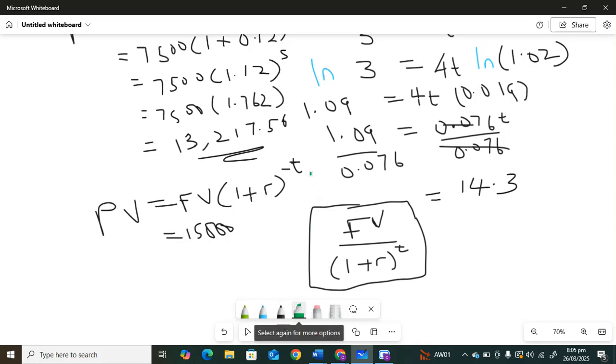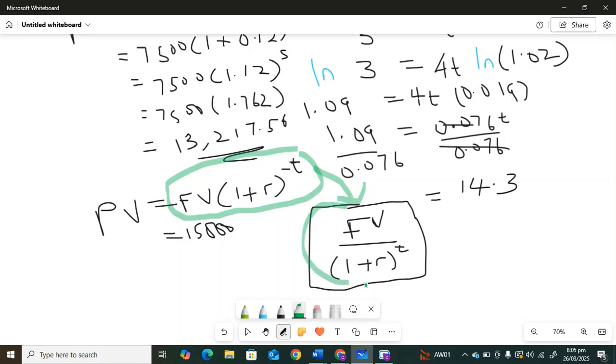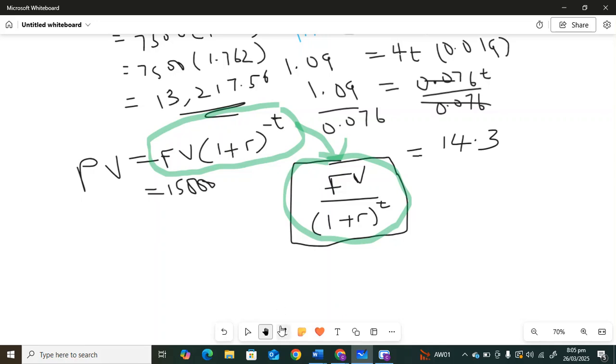This and this, same thing. Our discount rate, 8%.